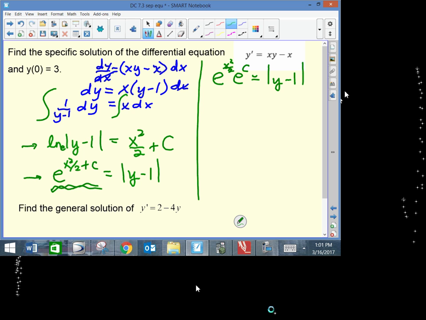Is that okay? Yep. That's your K. Now, this is positive, right? Right here, e to any power. Okay, so we can drop the absolute values. So y equals, finally. No, you have to get the one on.